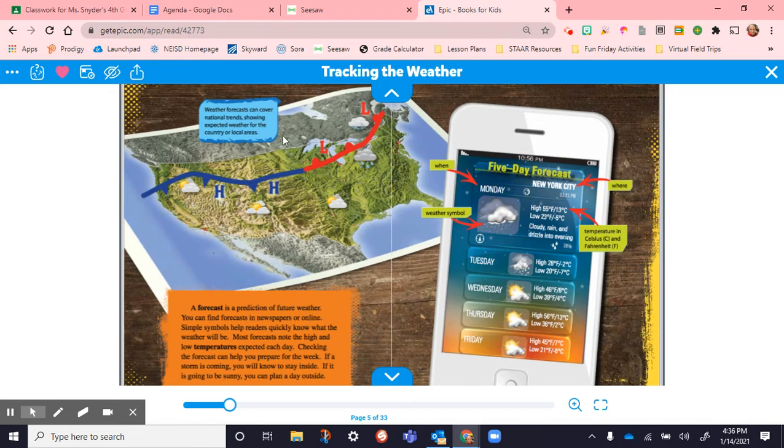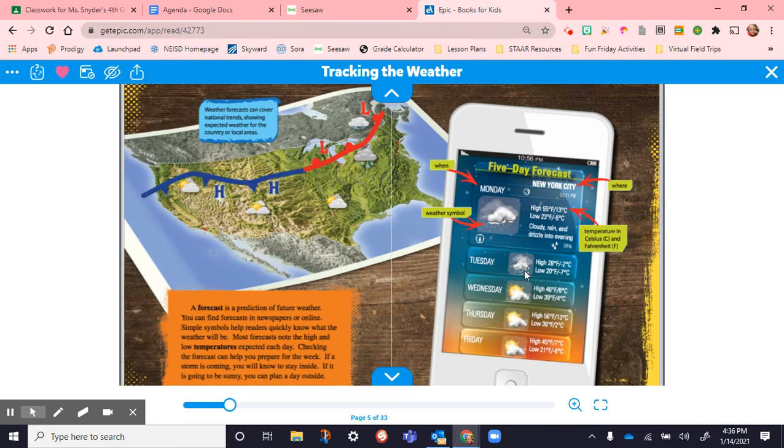So we can watch TV, we can get on apps and things like that and get online, and they give the forecast. So a forecast is that prediction of what they think based upon these patterns that they see. They will tell us what they think the weather's going to be like. And so they use some pretty simple symbols.